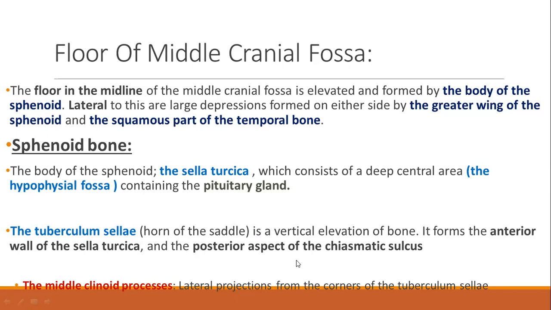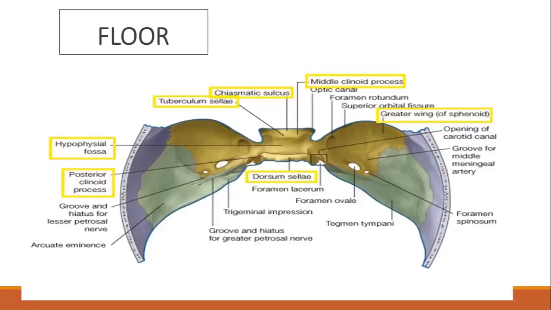The middle clinoid process is the lateral projection from the corner of the tuberculum. So this is the tuberculum sellae. This is the chiasmatic surface. Middle clinoid process, optic canal, foramen rotundum, foramen ovale, foramen spinosum.